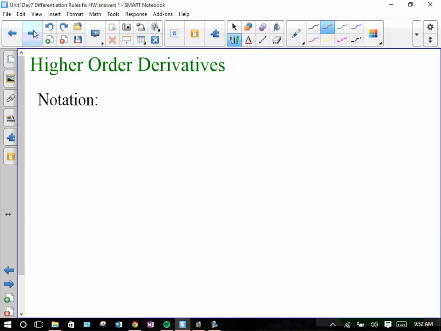So, notation. If you see f of x, we have our first derivative, which would be f prime of x. The second derivative would be f double prime. And I'm going to go one more: the third derivative would be f triple prime.